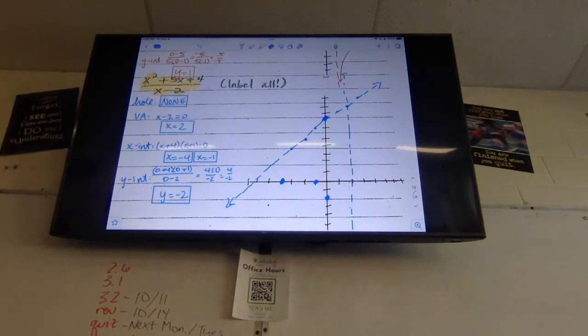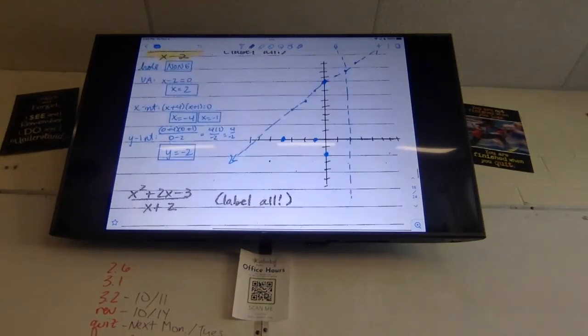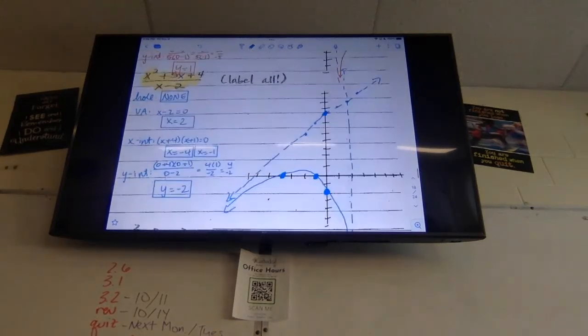What I wanna do now is connect my dots, and I wanna still approach the asymptote. So I'm gonna get closer and closer to the asymptotes. I'm gonna go through my points, and I'm gonna come back down and go closer and closer through my asymptotes again. Similarly up here, I'm just gonna do a little C that approaches both my asymptotes.